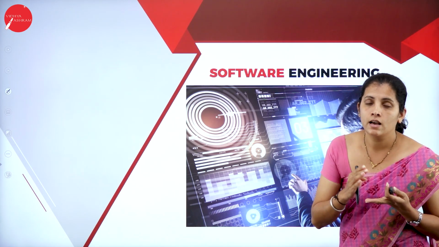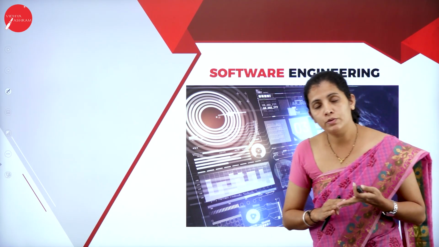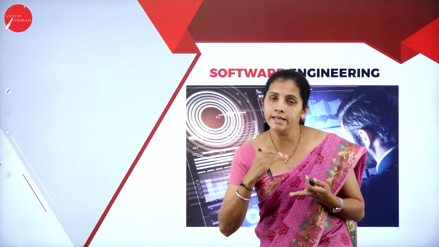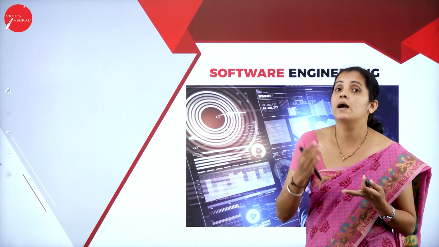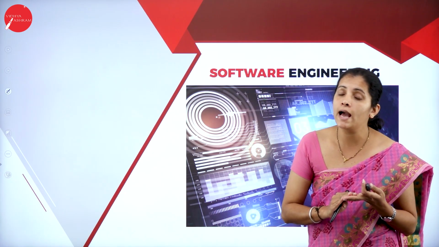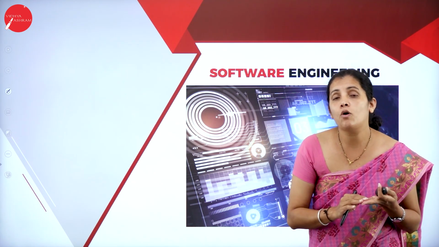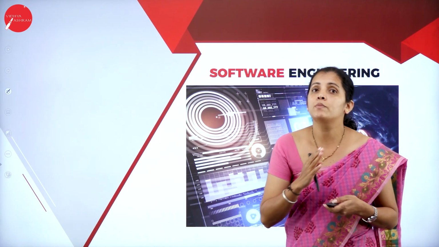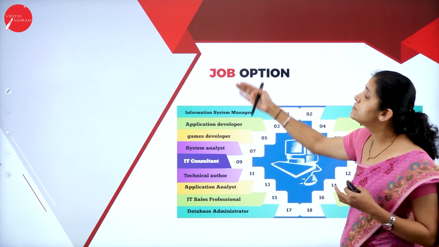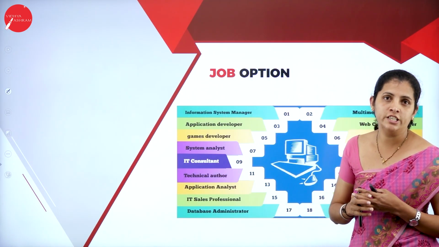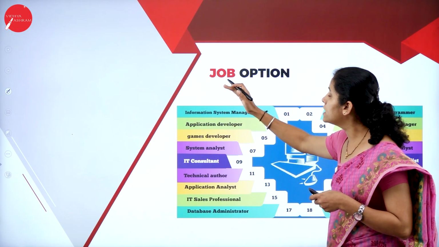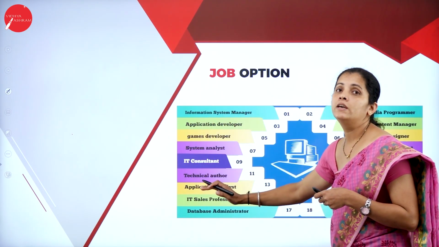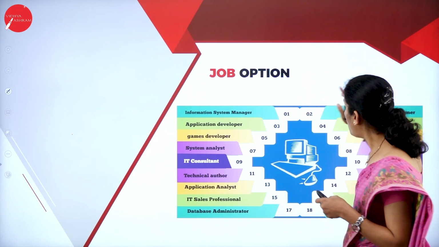computer science. And if I opted for computer science and I graduated in computer science and I'm thorough with all the programming languages and all the domains of computer science, then I'm going to have a list of job opportunities. That means I can select any one of the given jobs in the list.